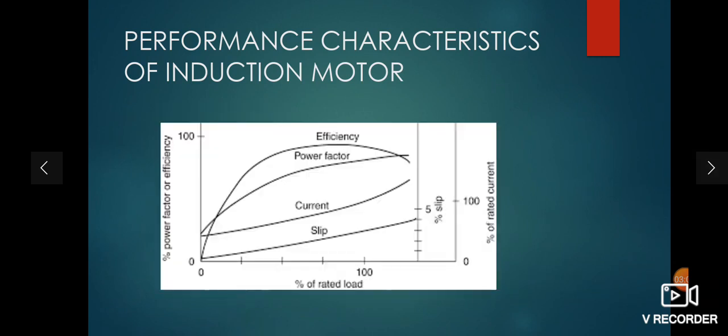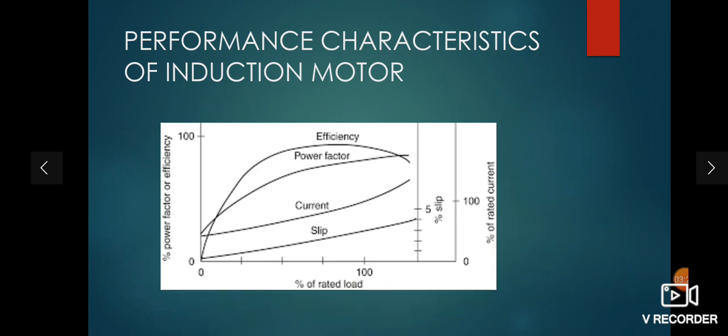So this is the performance characteristics of the induction motor. See, in the performance characteristics, slip, current, power factor and efficiency curves are drawn with respect to the percentage of rated load and the percentage of the rated current. On the x-axis there is the percentage of rated load.